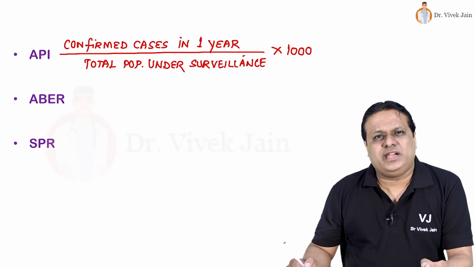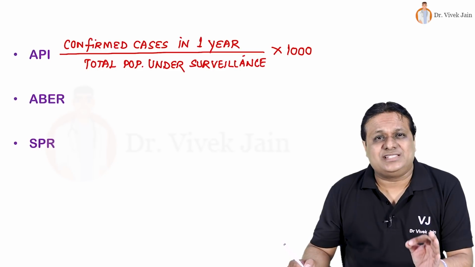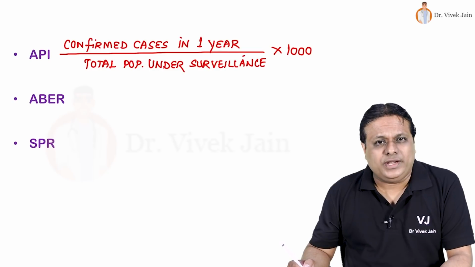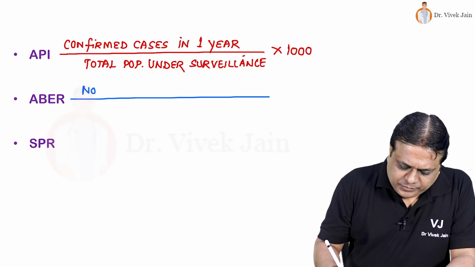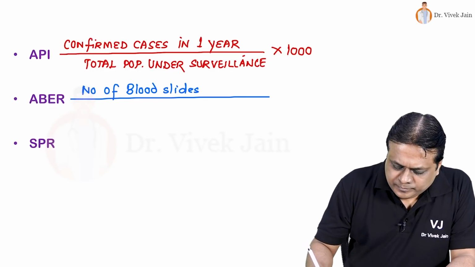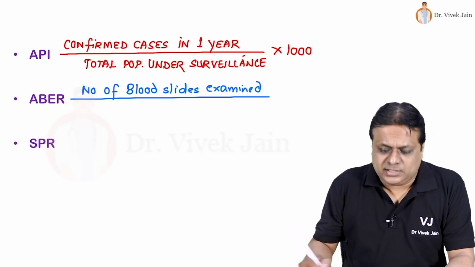After this sophisticated measure of malaria incidence API, we look at the best indicator of operational efficiency of malaria control, that is ABER, annual blood examination rate. How do we calculate it? Annual blood examination: numerator will be number of blood slides examined for malaria in 1 year.